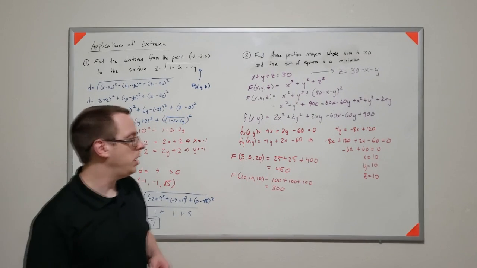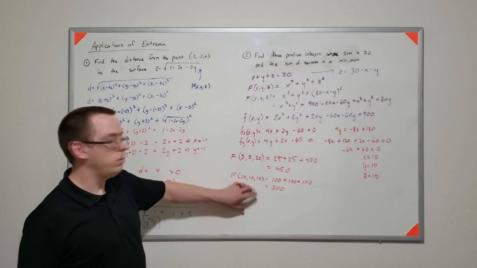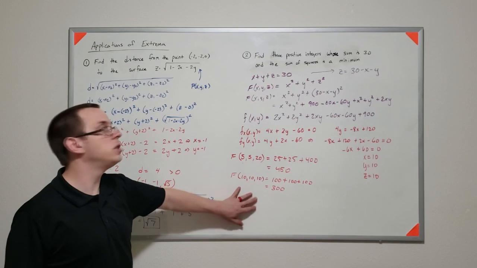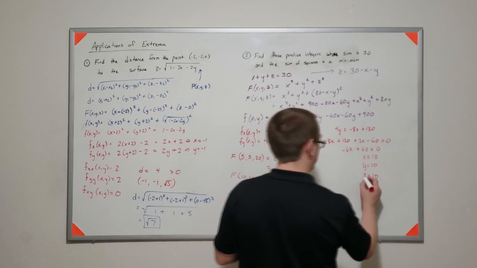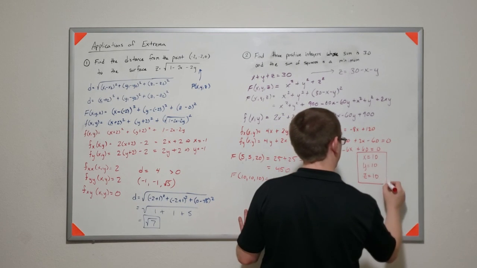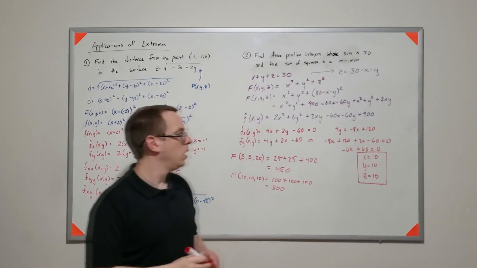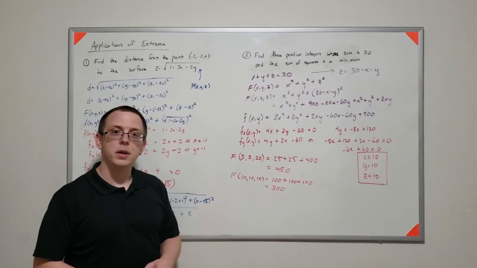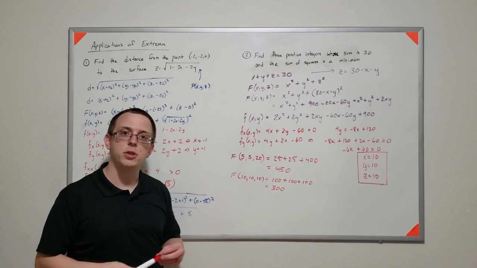So what that tells me is that since this value is larger, this must be the minimum. And that's how we solve some applications using extrema.